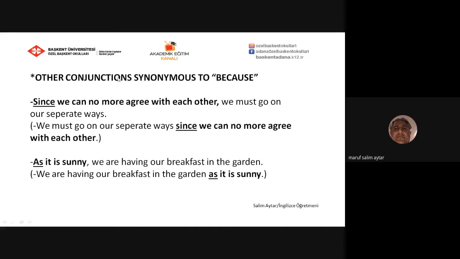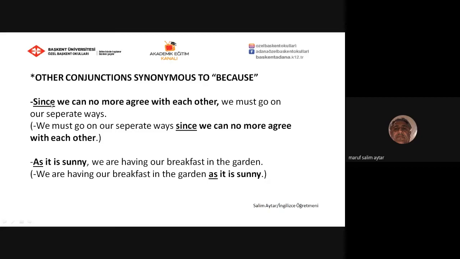Well, there are some other conjunctions synonymous with because, which are almost the same as because. One of them is since, okay? It totally means because here.